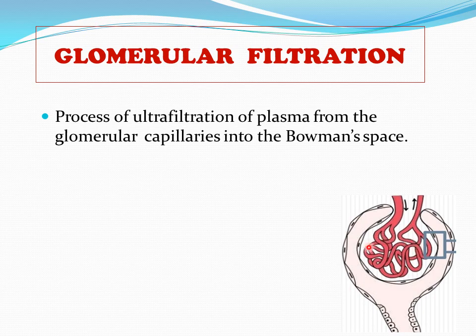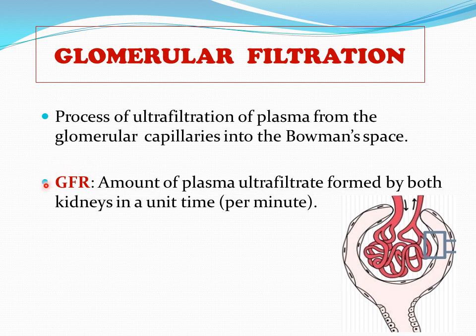The ultrafiltration is called plasma ultrafiltration because the whole blood will not filter through here, only the plasma portion will get filtered. The cellular portion of the blood, that means RBCs, WBCs and platelets, are not allowed to filter through this. So only the plasma will be filtered from here to here.